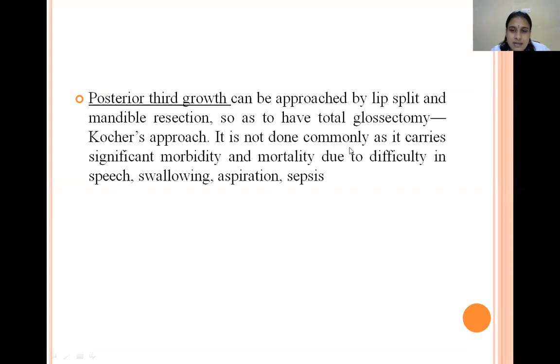Total glossectomy is usually not done as it carries significant morbidity and mortality. This kind of total excision and hemimandibulectomy is usually not done because of its morbidity, and also the loss of various functions: speech, swallowing, aspiration complications, and sepsis. So this kind of approach is usually not done. Only palliation is done as and when indicated.